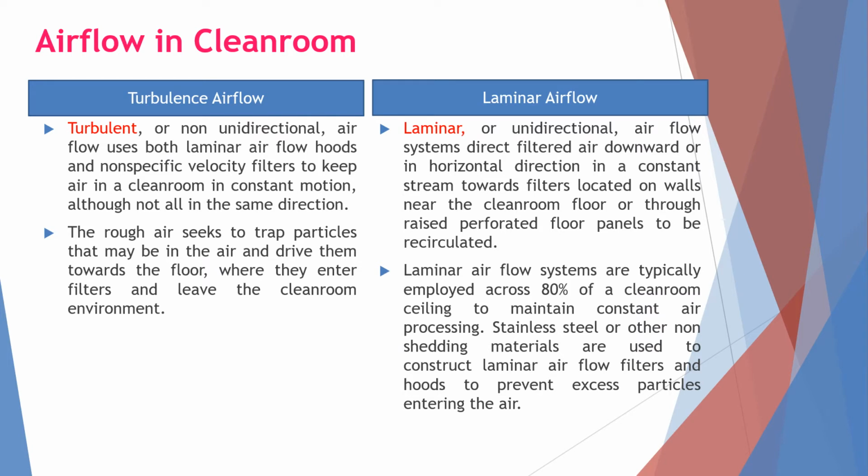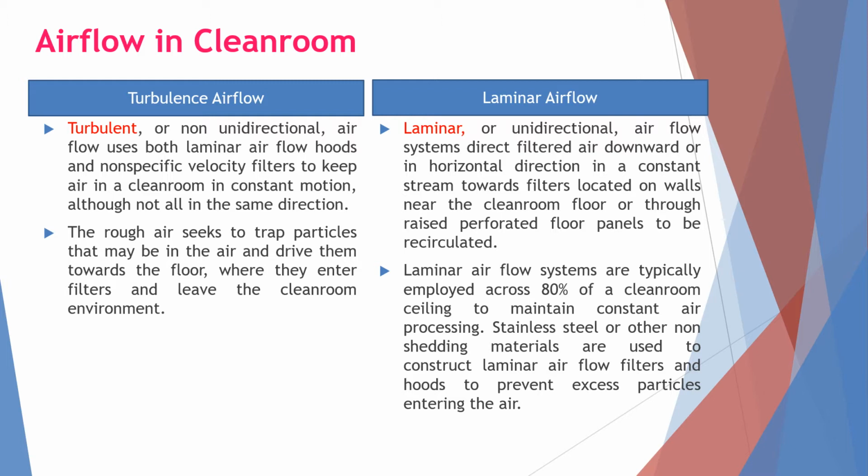In turbulent airflow, the air is non-unidirectional, so that it can maintain constant motion inside the clean room. The rough air from the non-unidirectional airflow traps the particles and moves them towards the floor.